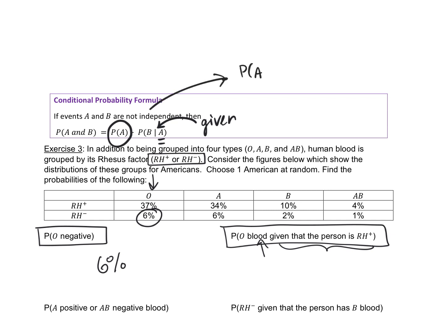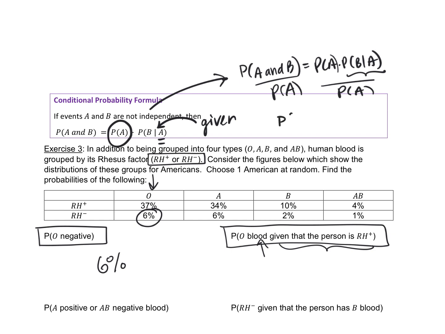If we had the probability of A and B equal to the probability of A times the probability of B given A, we can get that alone by dividing by the probability of A. What that means is the probability of B given A can be written as the probability of A and B over the probability of A. And that's really the situation that we have here.